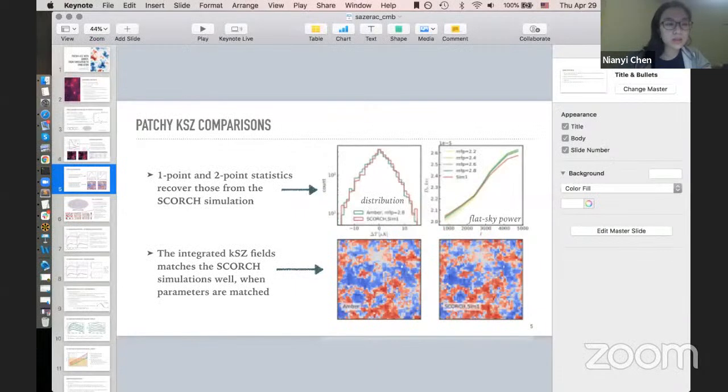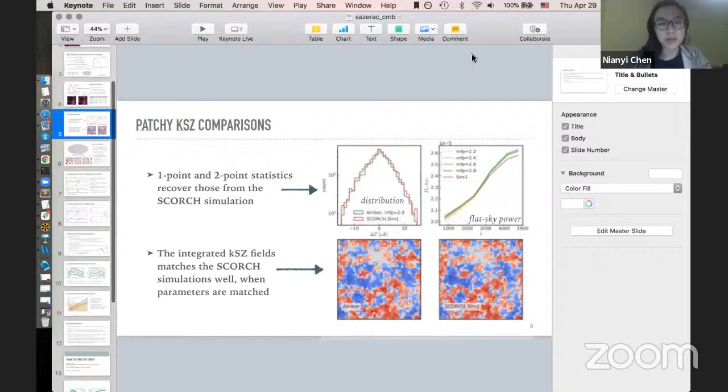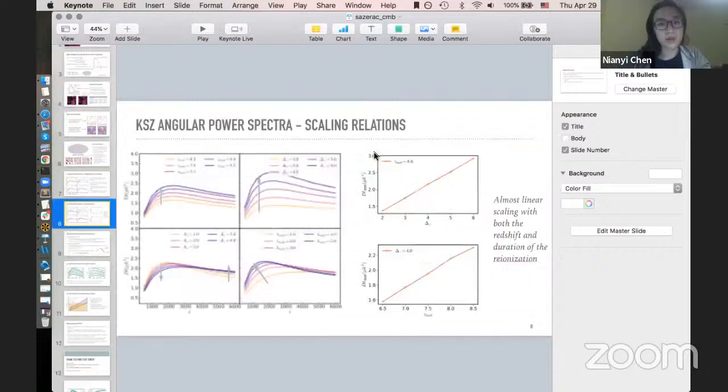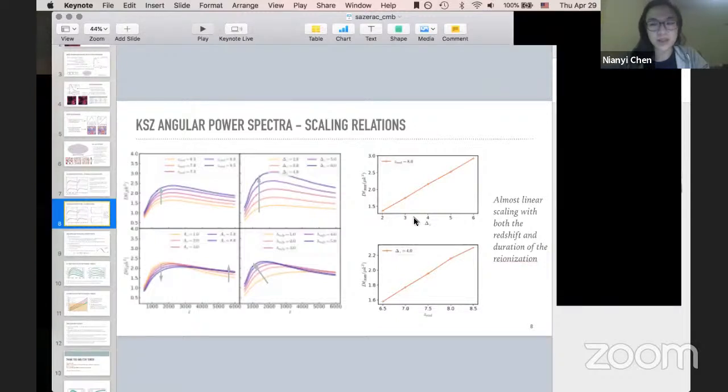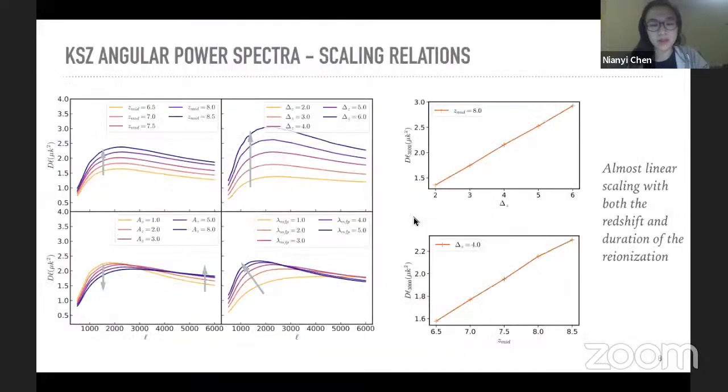Yes. In this plot, I didn't overplot our relation with previous works. This is partially because we're still thinking about the most accurate way of comparing them, because the nature of the simulations is really different.